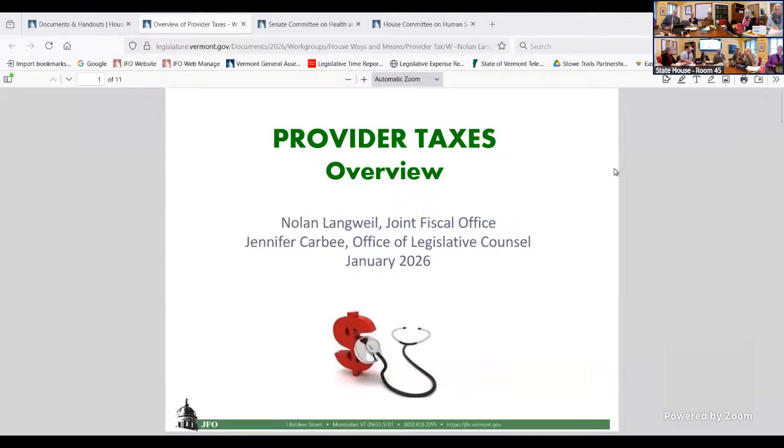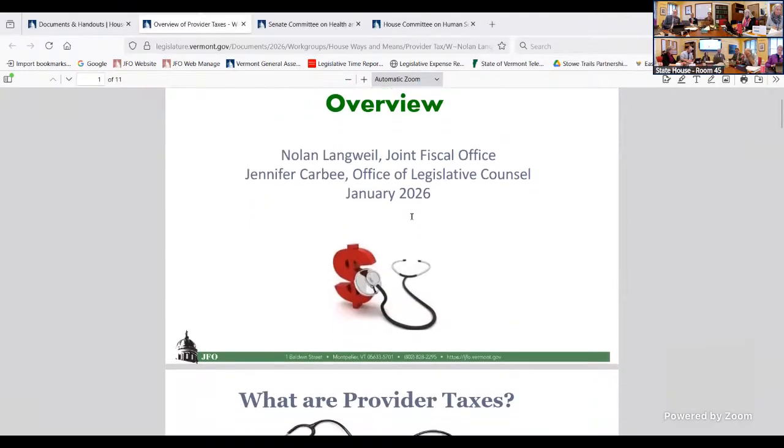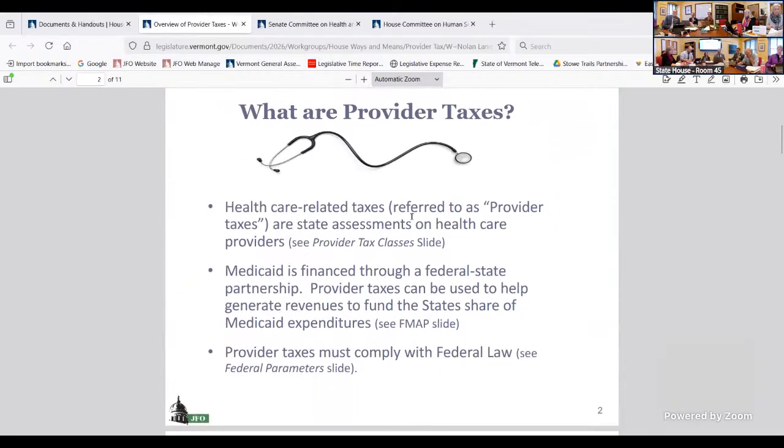So I can't really start talking about provider tax until I do a really quick background of why it matters. Provider taxes are healthcare related taxes. They're just referred to as provider taxes. And we'll show you in a future slide which providers actually get taxed.